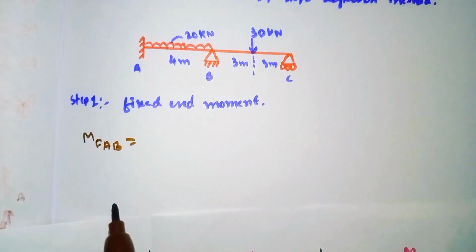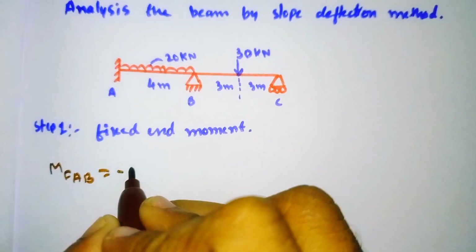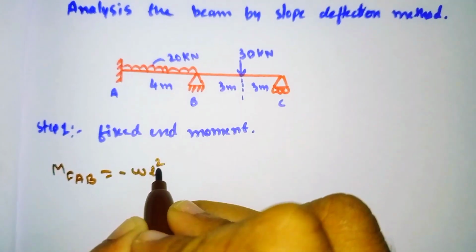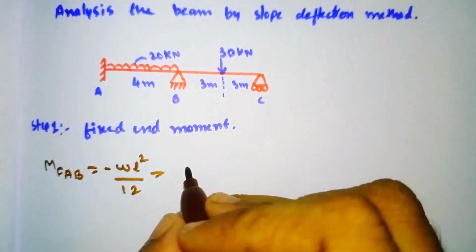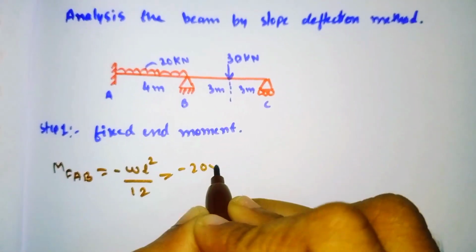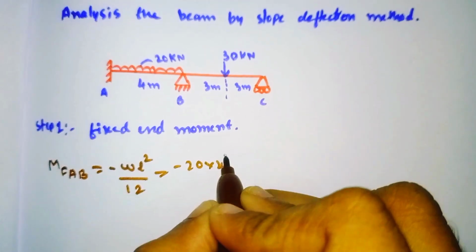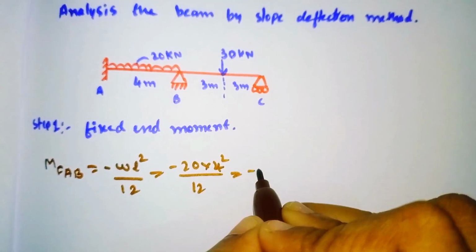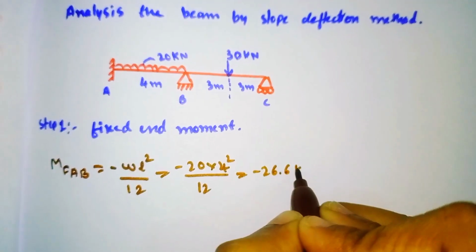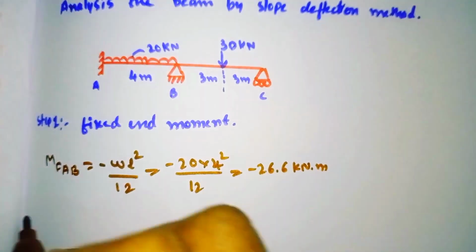So the formula is minus WL square divided by 12. The load is 20, so minus 20 into L is 4 meter, 4 square, divided by 12. Simplifying it will come out as minus 26.6 kilonewton meter.